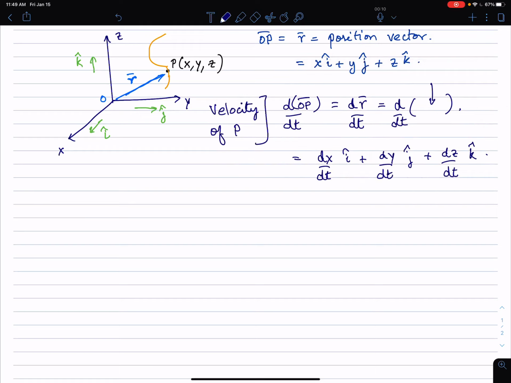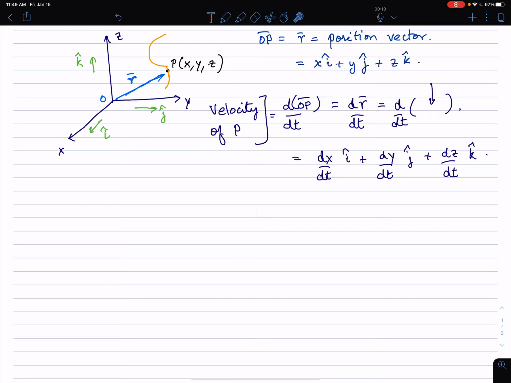Let me move this here and say this is velocity. This velocity of point P equals the rate of change of this vector, which is the rate of change of r, which is just putting that in here. And that's this thing. Going from this to this, we are making an assumption here, okay? We have to use chain rule because there's a product of two terms here, x and i.